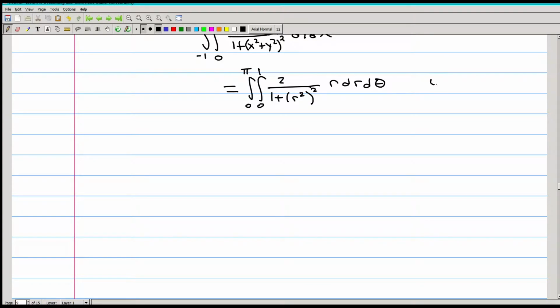So if we do a u substitution of u is equal to r squared, then du will be equal to 2r dr. And this will become the integral from 0 to pi still, and the integral from u at 0, which is 0 squared, or 0, to an upper bound of 1 squared, which is u at 1, which is 1. So it'll be then 2 over 1 plus u squared du.